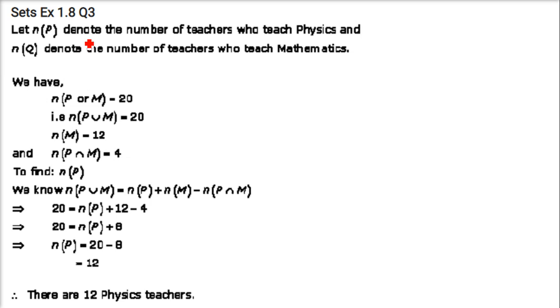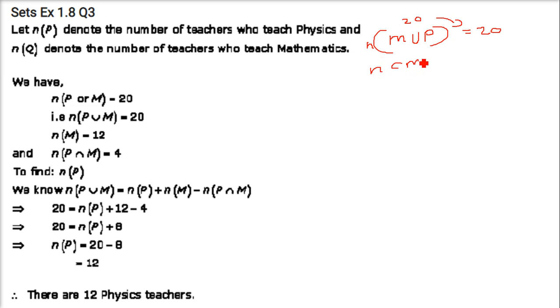Next question is, in a school there are 20 teachers who teach mathematics or physics. So mathematics or physics, that is union. The number of teachers is given as 20.